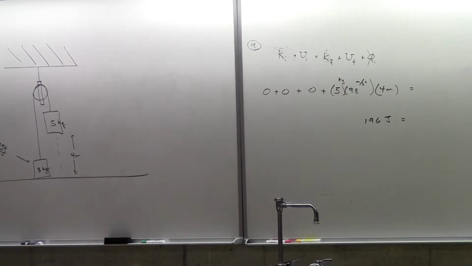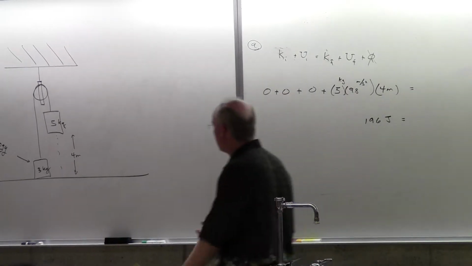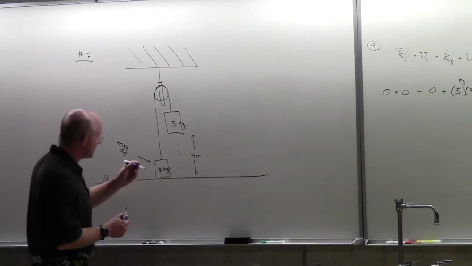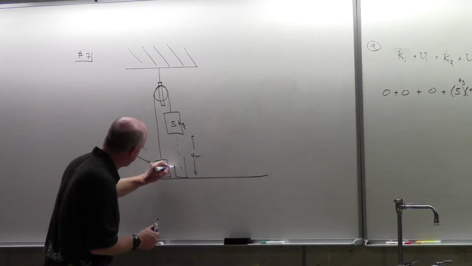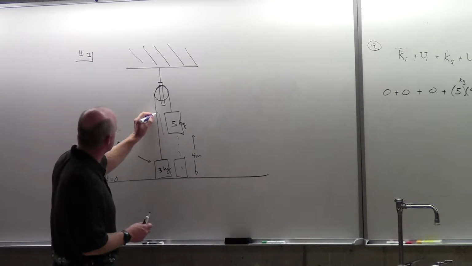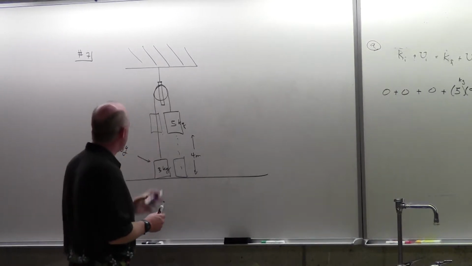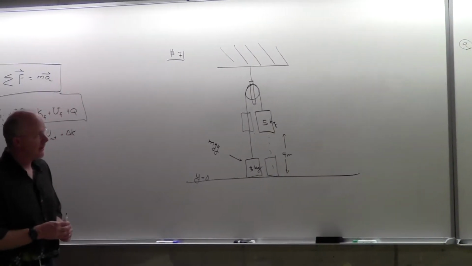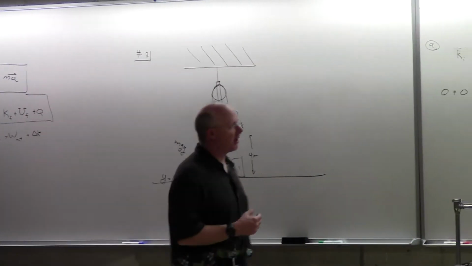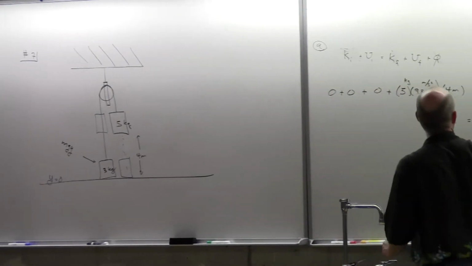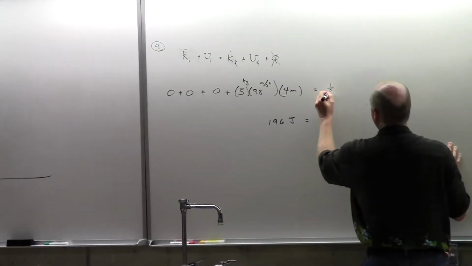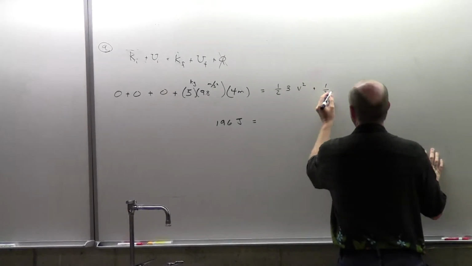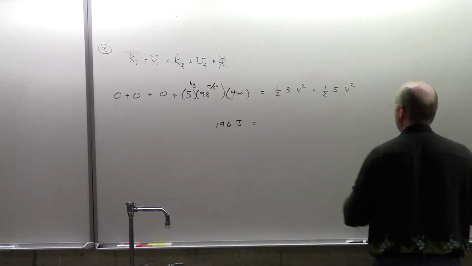Then, of course, when you release it, it's going to go down, down, down. And so at some point, and I think last time we did this in blue, we said, all right, now the 5 kilogram object is going to be down there, and the 3 kilogram object is going to be up here. And so now if we apply our conservation of energy on this side, we would say we have a 1/2 times 3 v squared and a 1/2 times 5 v squared.